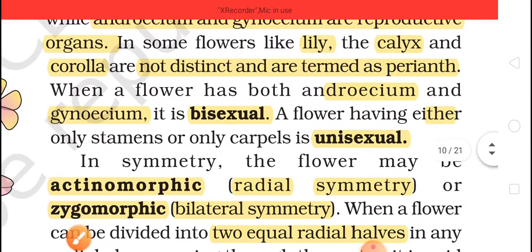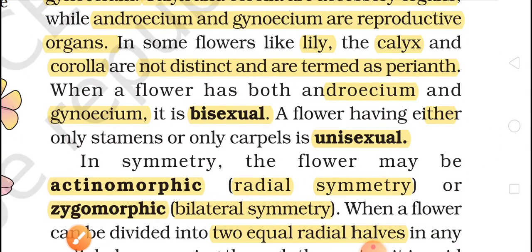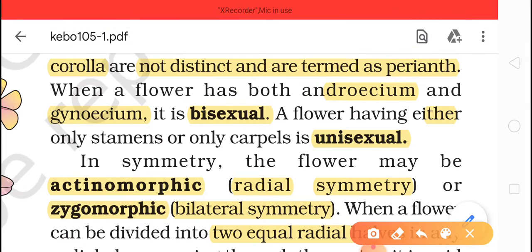Okay, children. Now the flower is of two types: bisexual flower and unisexual flower. Do you know what is bisexual? Bi means two, and sexual, that is the two sexual parts.